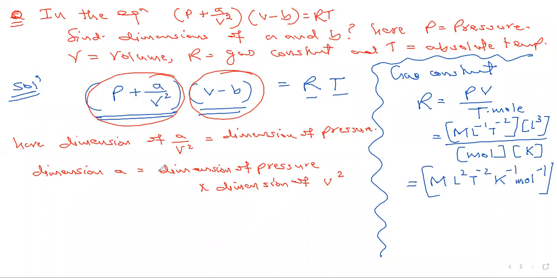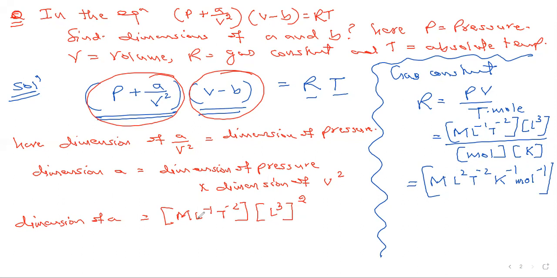Am I clear? Yes, sir. So dimension of A: dimension of pressure is ML minus 1 T minus 2. And the volume is L3, and because this is squared, so L3 square. So this becomes L to the power 6.